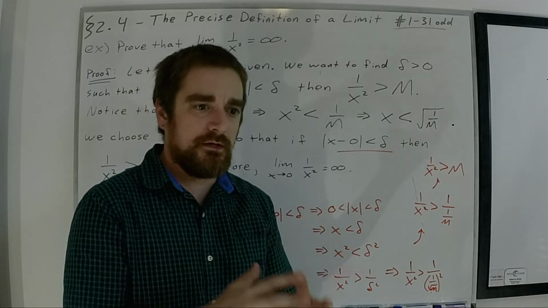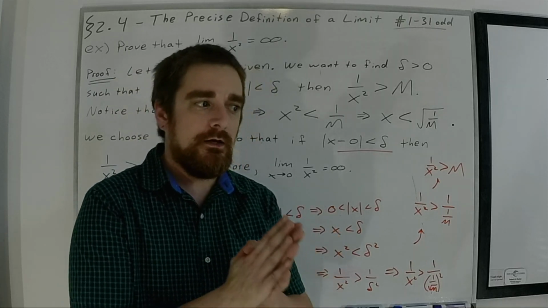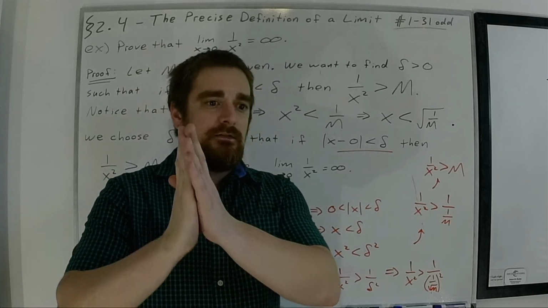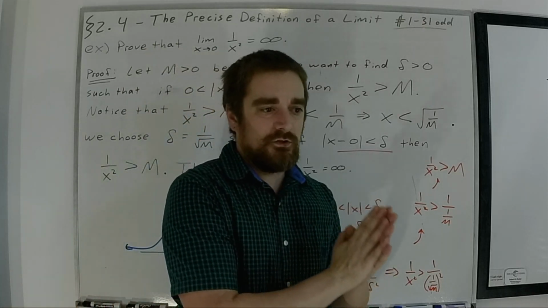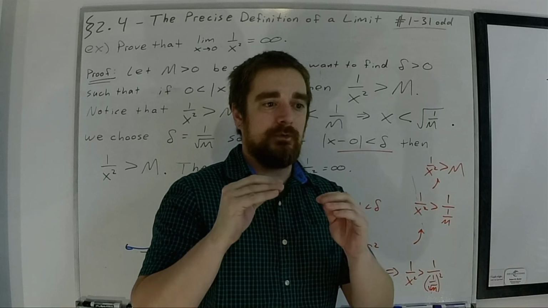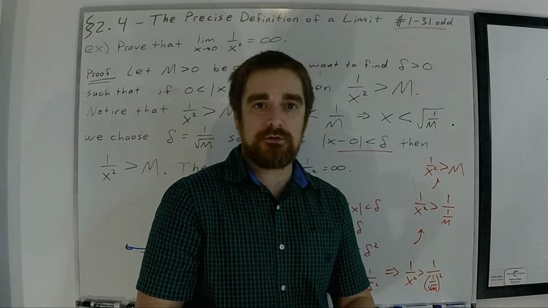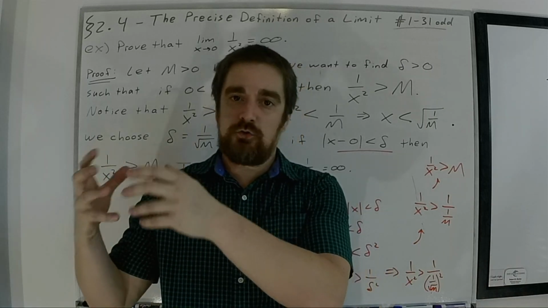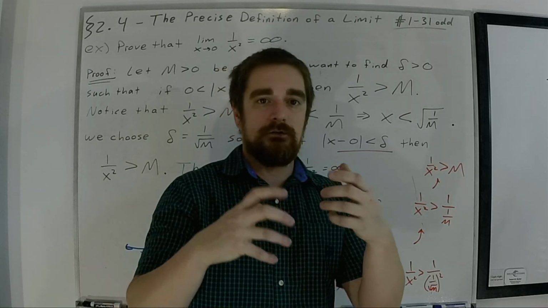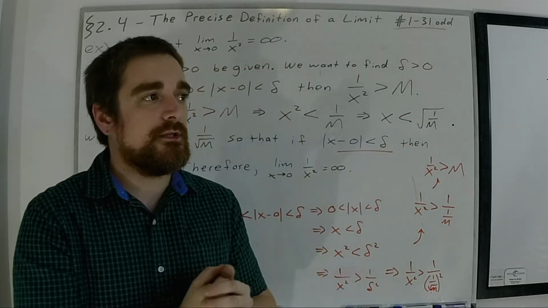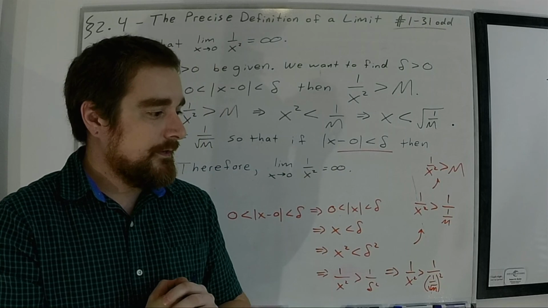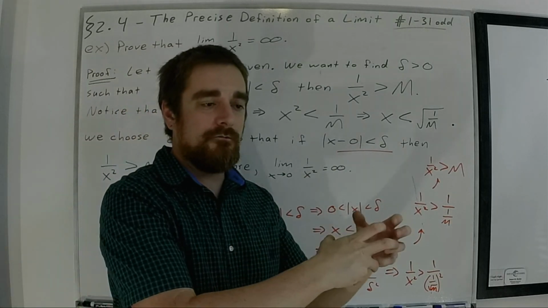Start off with the nice linear functions by replacing a, f of x, and capital L in the definition, and work through some of the linear functions. Then maybe move on to an x squared function, then an x cubed function. I did an example with an x cubed function for you. And build up your confidence as you go.